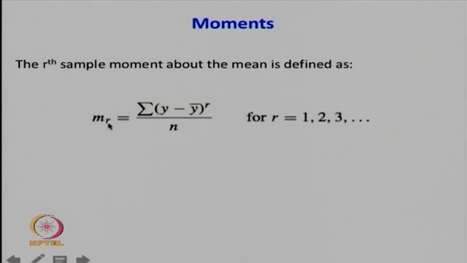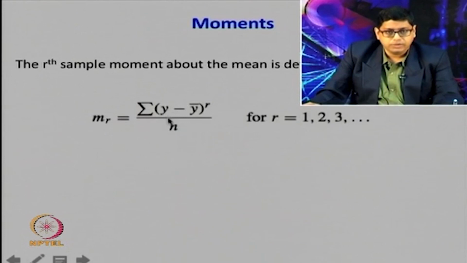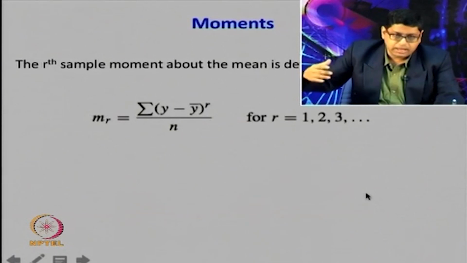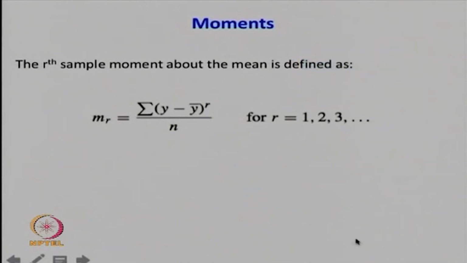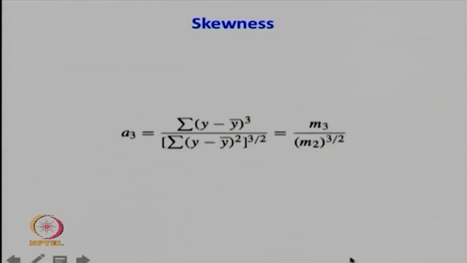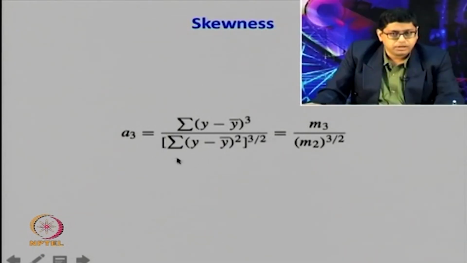Now, the way these moments are defined, if y has a given unit, then mr will not return a value which is unitless; rather, it has some units. You of course want to eliminate that aspect of dimensionality in your measurements, and for that purpose what you typically do is divide by another moment raised to some other power, so that the units are the same. a3 is one such measure.